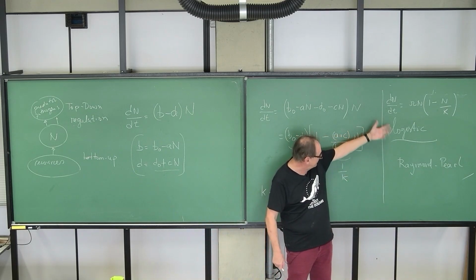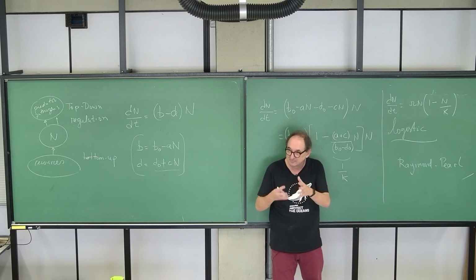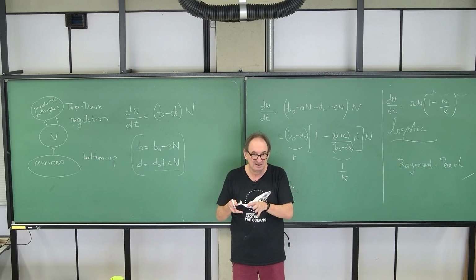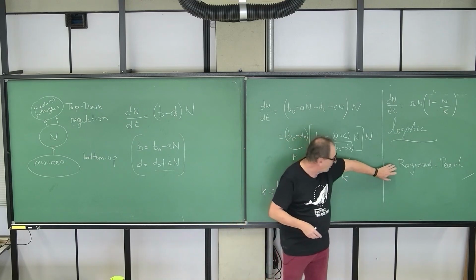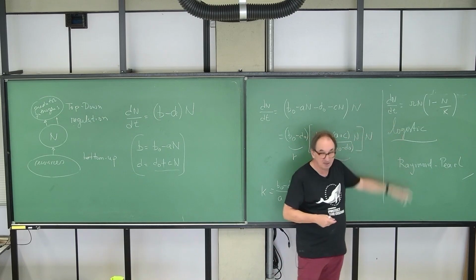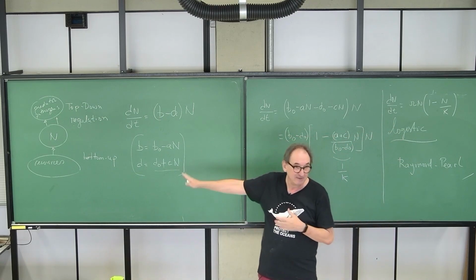Raymond Pearl was also already interested in population regulation, and then he went on to test the predictions of the logistic equation, which we will now work out.